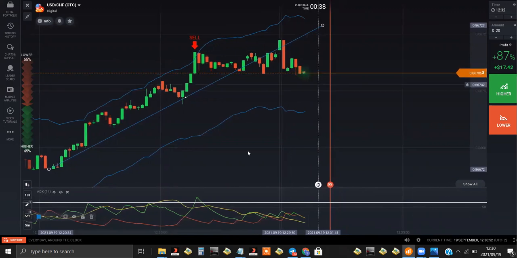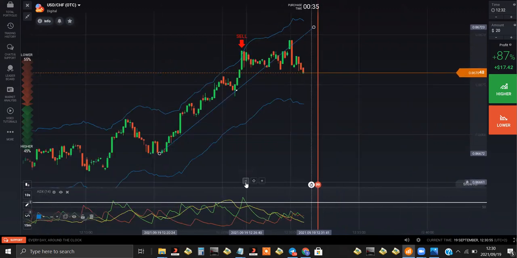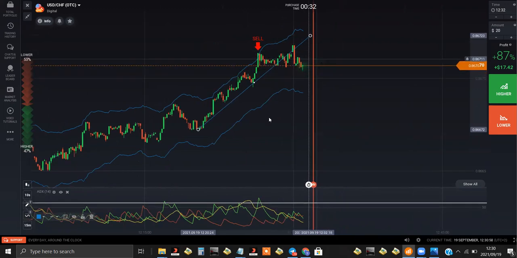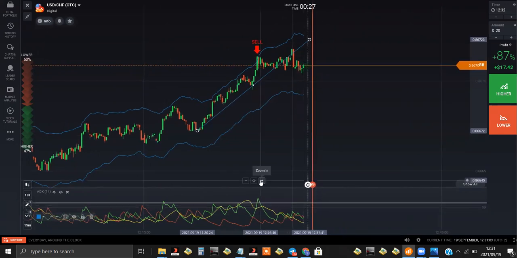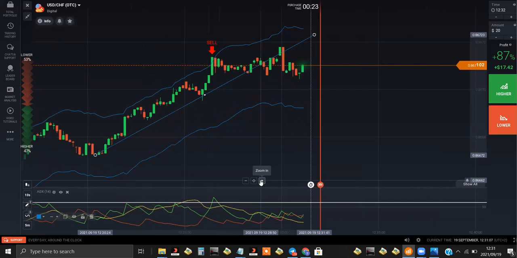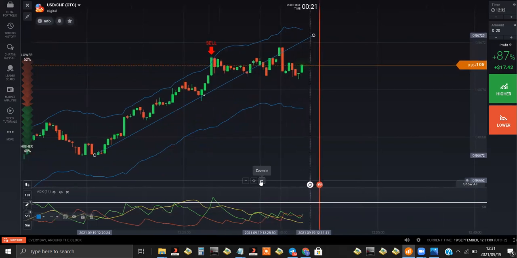Right now it's going to range a bit because it was going up, and then it should move a bit sideways, and then we will get to the signal that I'm talking about, and we will execute a sell trade from there. So let's just wait for this.